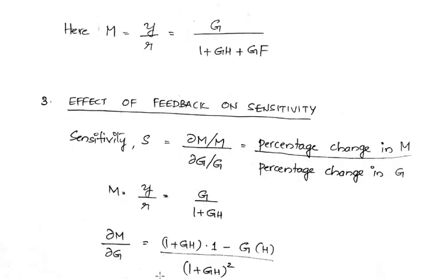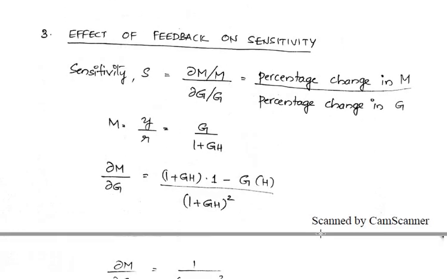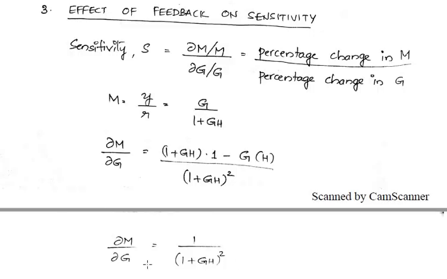See, this is the answer. 1 plus GH, this is the denominator. So denominator into derivative of the numerator, that is 1, minus numerator G into derivative of 1 plus GH with respect to G, it's H, divided by denominator square. So if you simplify this, you will get 1 by 1 plus GH whole square. So this is ∂M by ∂G.